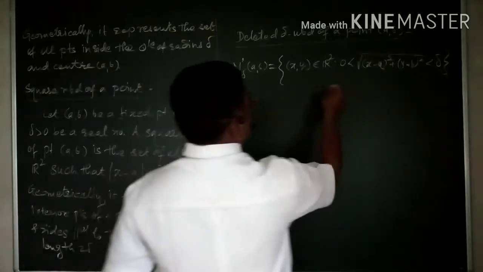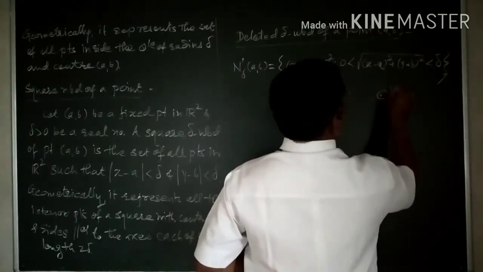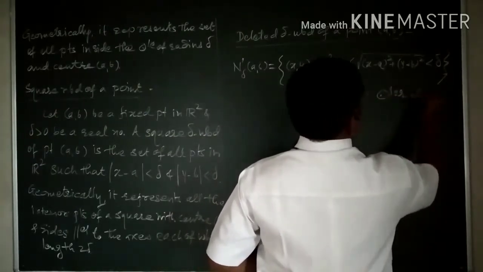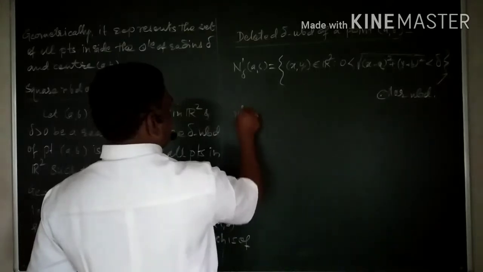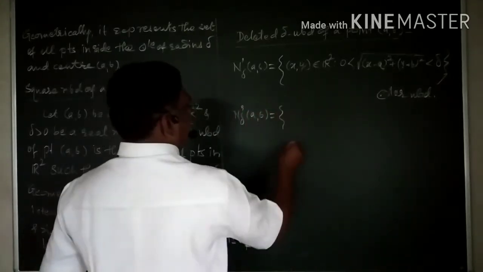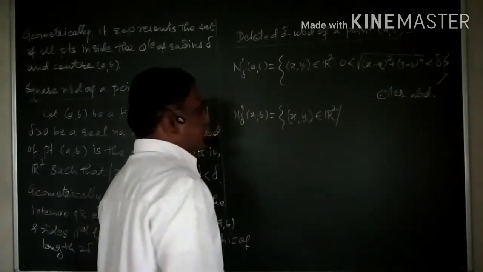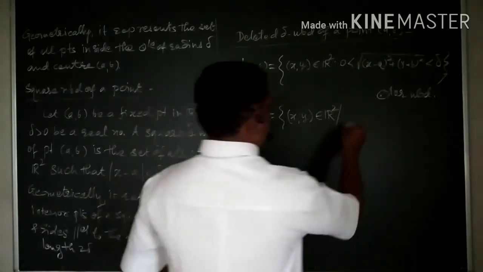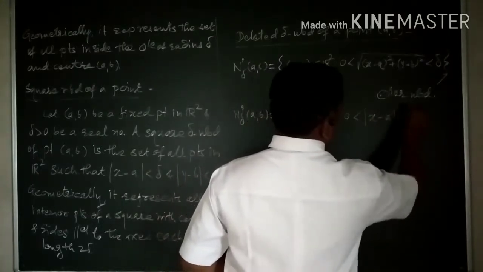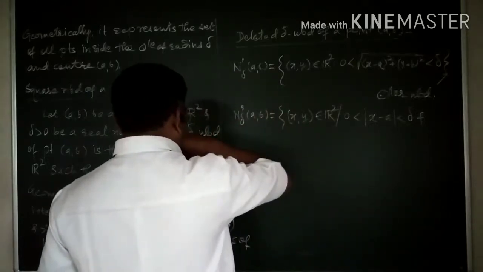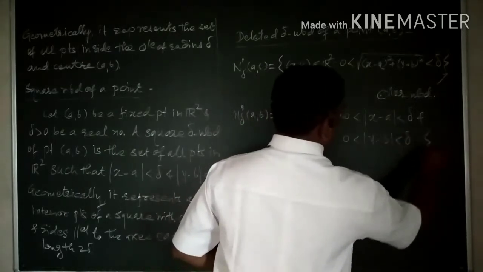This is the definition for circular deleted neighborhood. And the square deleted delta neighborhood of point (a, b) is the set of all points (x, y) belonging to R2 such that 0 is less than absolute value of x minus a less than delta, and 0 is less than absolute value of y minus b less than delta.